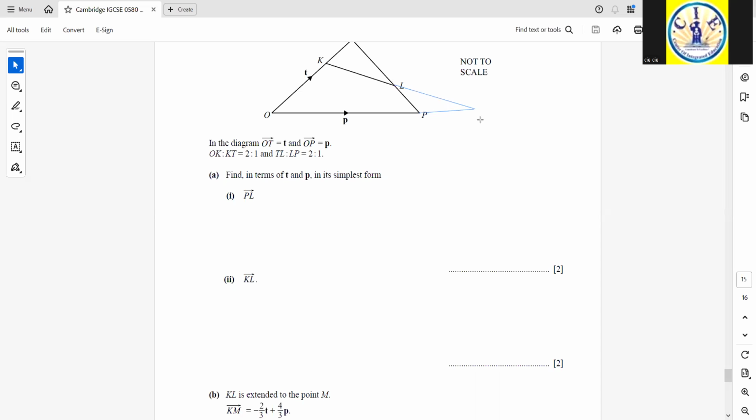So this is the point M that we need to see. For KM, we can have, starting from K, then coming to O, and then going till here. KM is actually KO plus OP plus PM.